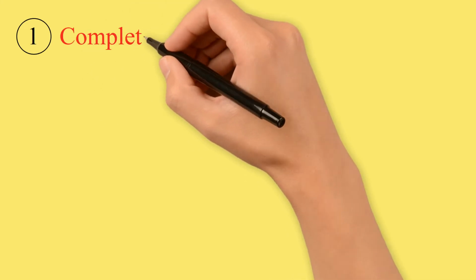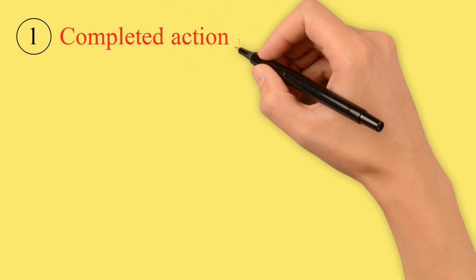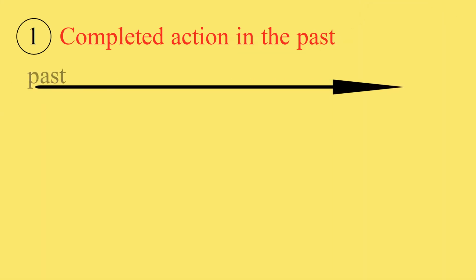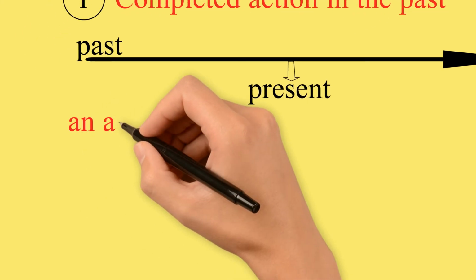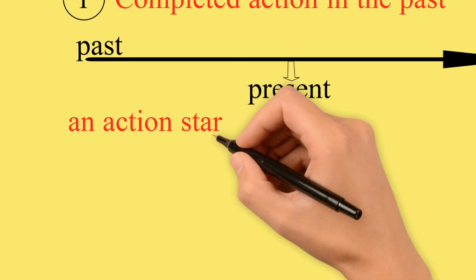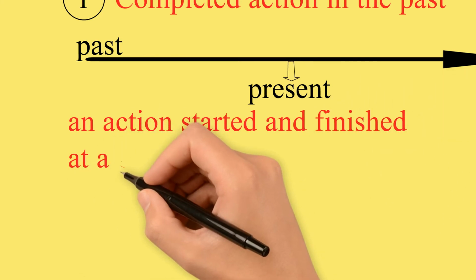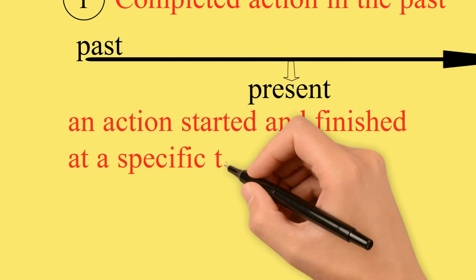Use 1. Completed action in the past. We use the simple past tense to express the idea that an action started and finished at a specific time in the past. Sometimes, the speaker may not actually mention the specific time, but they do have one specific time in mind.